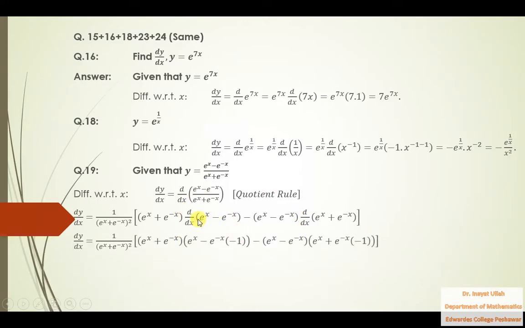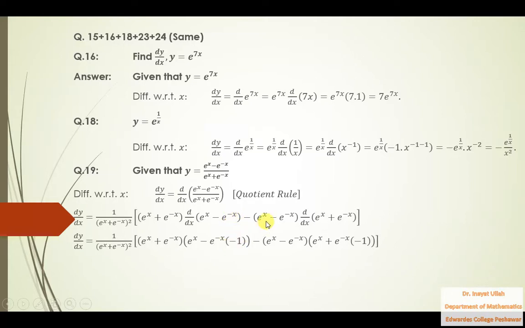Now if you differentiate, because this is the difference rule, multiply this operator inside. The derivative of e power x is the same e power x, and the derivative of e power minus x is the same e power minus x with the derivative of the power, and we know that the derivative of minus x is minus 1.